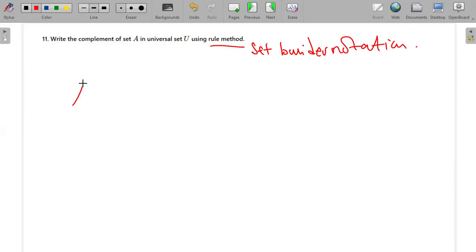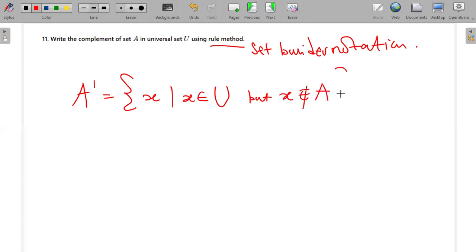I'm going to say the complement of A is a set of all x's such that x is a member of the union set, but x is not a member of A. So this description here indicates the complement set of what?